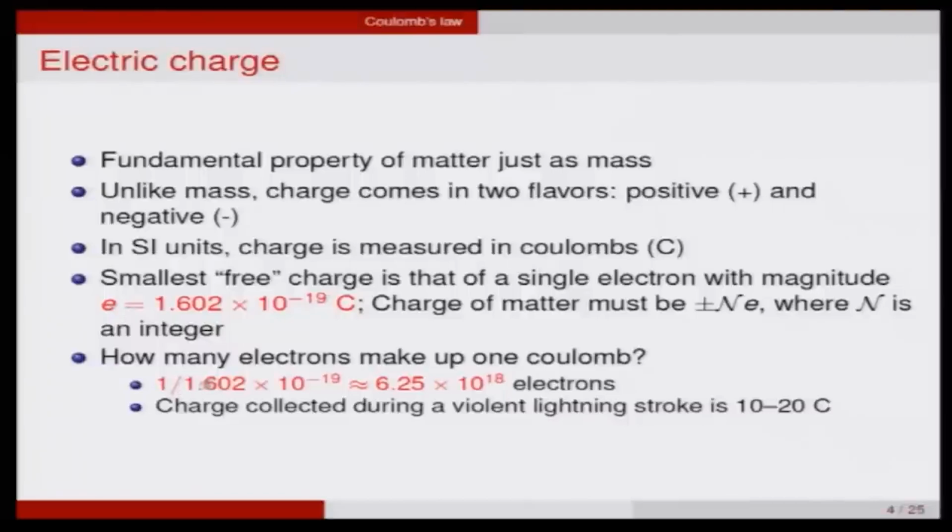Note that here I am only looking at magnitude, because electrons are particles. We do not have to consider their number as negative; the charge on the electron is negative, but the electron itself is a number out there for us. So, 1 divided by 1.602 × 10^-19 turns out to be 6.25 × 10^18 electrons. This is a huge amount of electrons that is required just to make up 1 coulomb of charge.